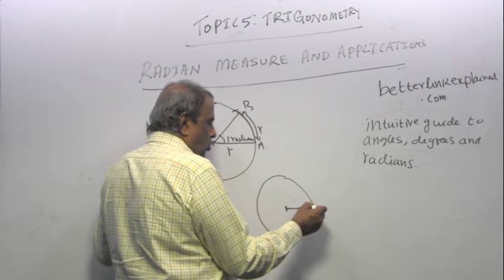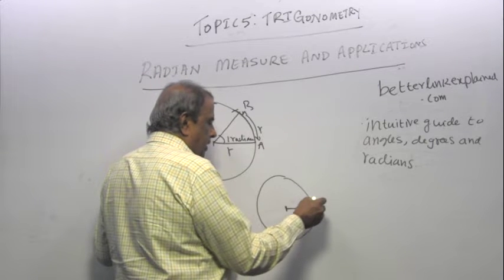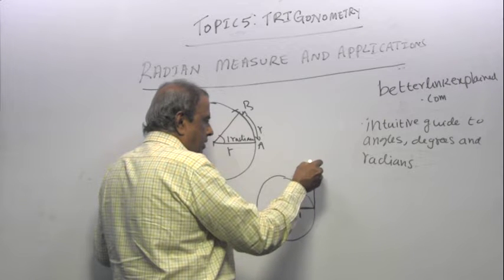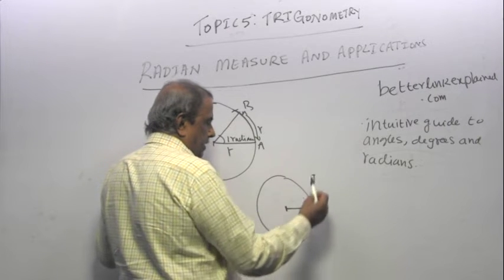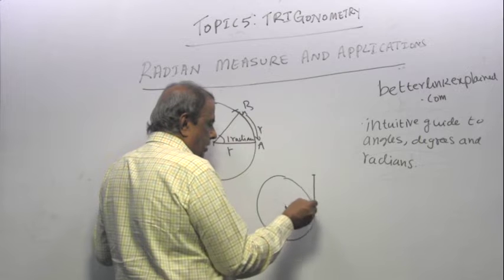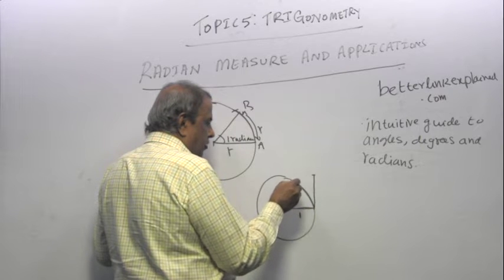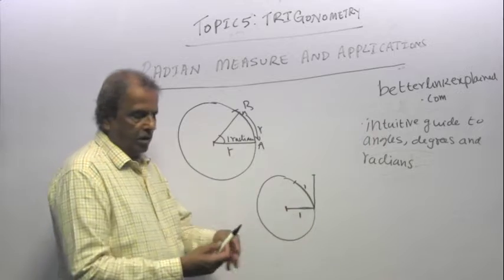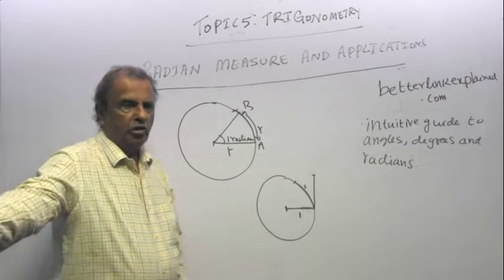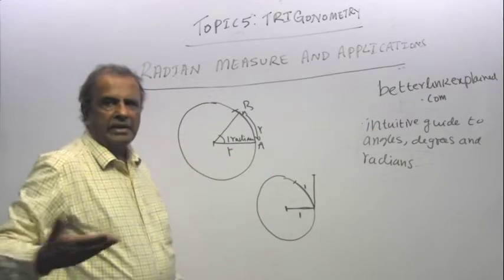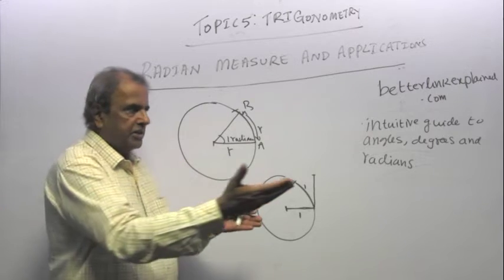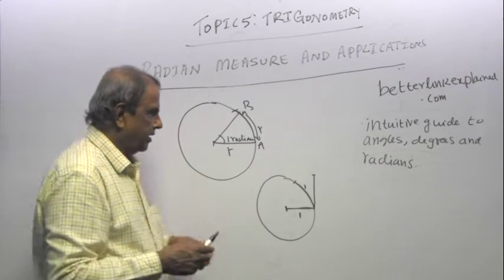I am now moving along that. In other words, I am moving along the circle through 1 unit. Maybe this radius is 1 kilometer or 100 meters. So you've got a circular path, a circular track, and then I am looking at how you are moving.